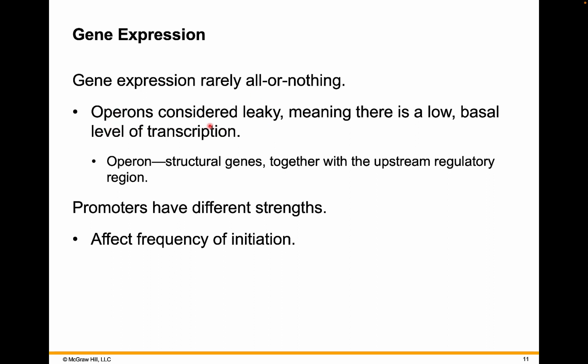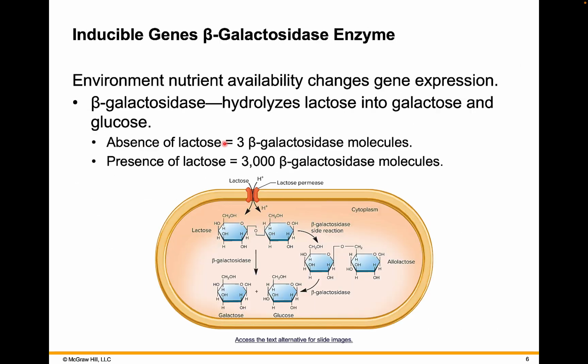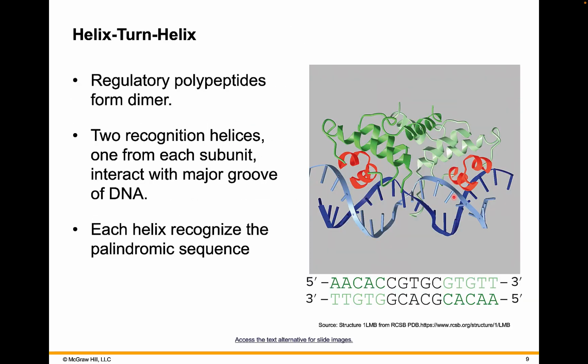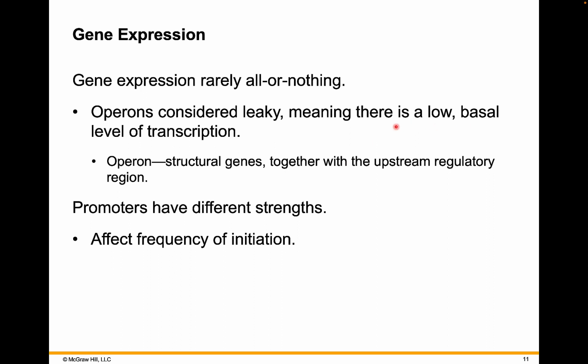And the operon is sometimes considered leaky, meaning there is always a low basal level of transcription. That low leaky transcription can make a small amount of beta galactosidase. So see that there is not a complete absence of beta galactosidase, but when it turns on, it produces a lot more. So the production of this small amount of beta galactosidase is a result of the leaky basal level of expression.